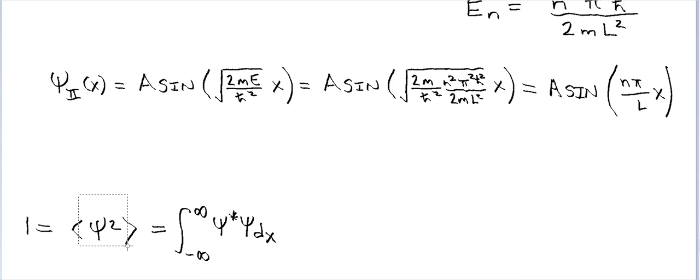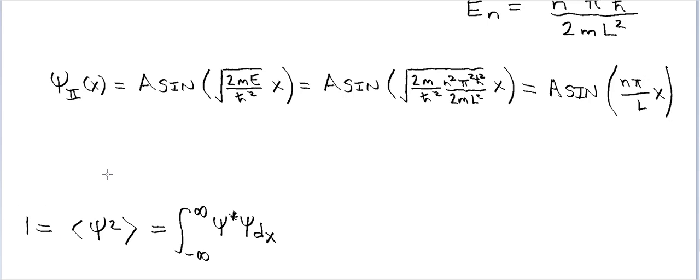But again, if what we mean by psi squared is the probability of finding the particle, well, the particle has to be somewhere. And so we need that if we add up all of the probabilities, psi star psi dx, so the probability of finding the particle in some region of space dx is just psi star psi dx. If we add up all of those probabilities over all of space, it has to equal 100%, right?